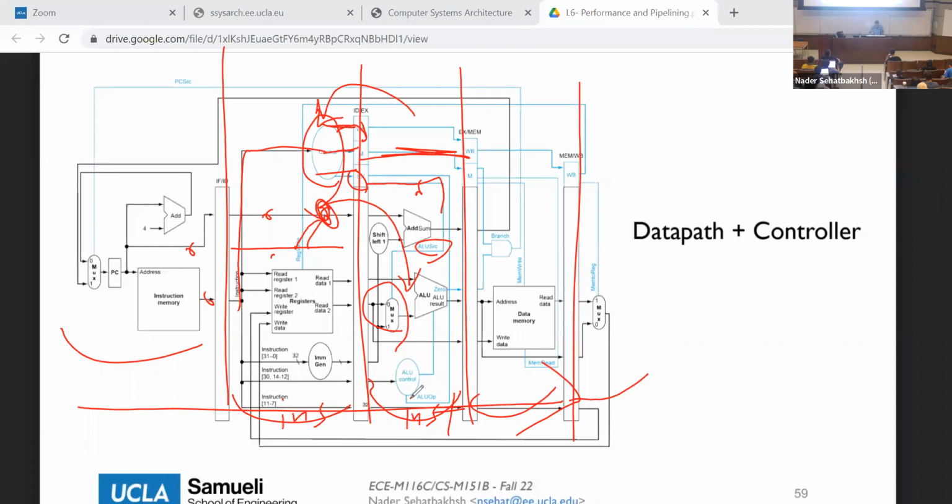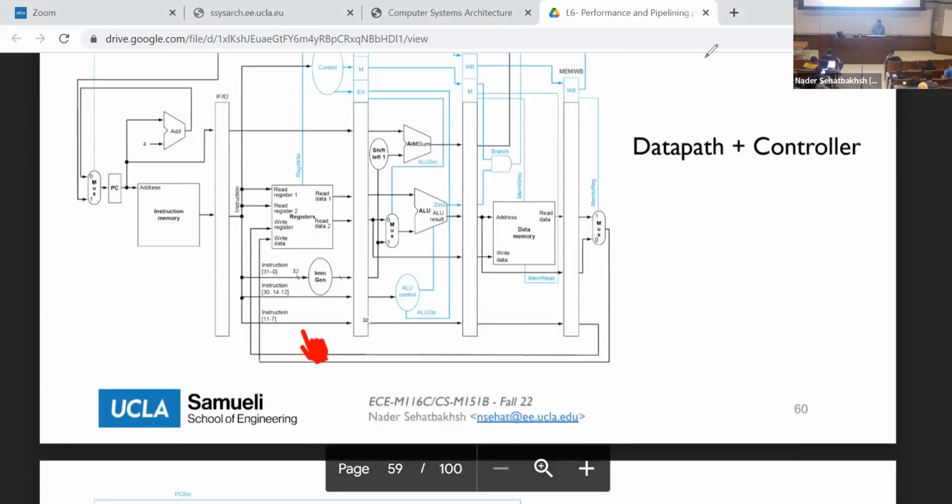Awesome. So moving forward, let's think about a few things. First of all, this thing here is your RD. And instead of moving your RD directly from your instruction to your write register, you will see that this RD is first passed to your registers and then comes back here from this port.